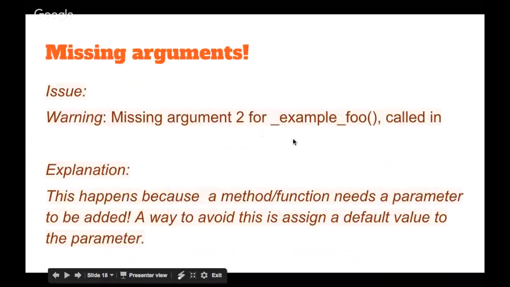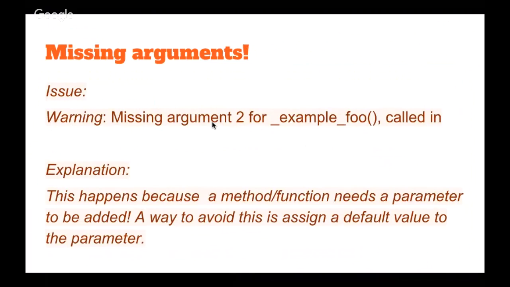Another issue that I see is missing arguments on a function. This happens because a method or a function needs a parameter to be added, and sometimes we forget to include this variable. A way to avoid this is to assign a default value to the parameter.